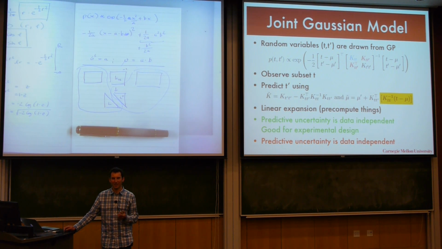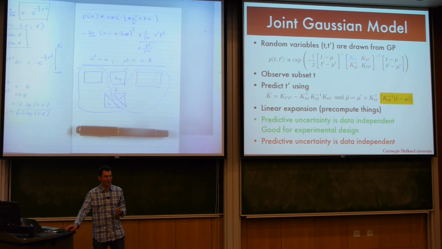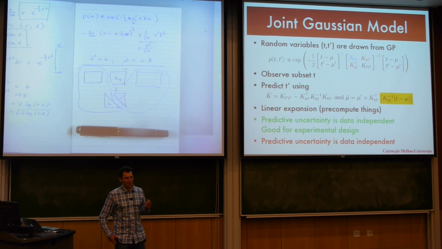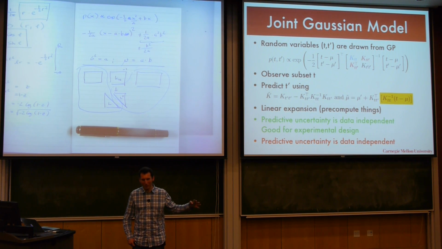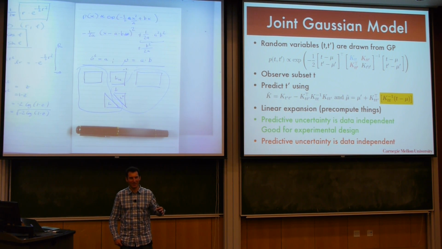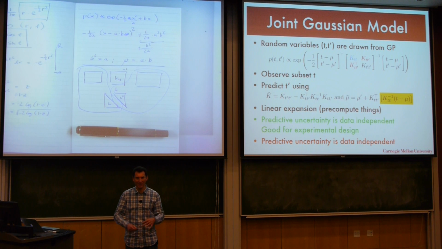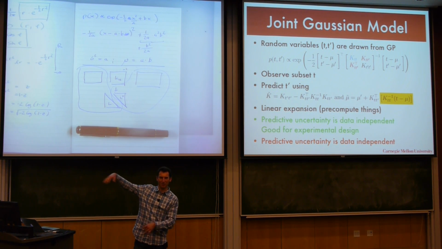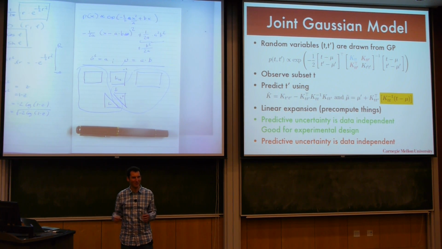Are there any cases where you would not assume that the predictive uncertainty is data independent? Actually, in most cases of life, it's not data independent. You build a system, and the Gaussian process, in a way, is so supremely confident in its own abilities that even before testing it out, it can already say, well, hey, this is how certain or uncertain I am about what I'm going to see.